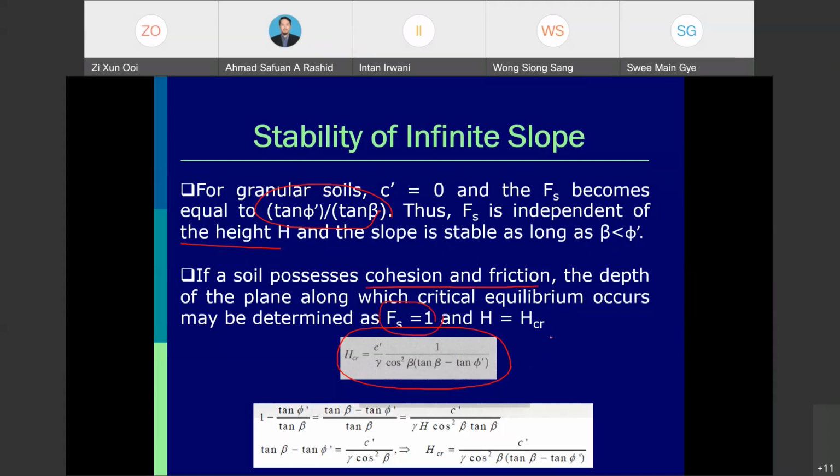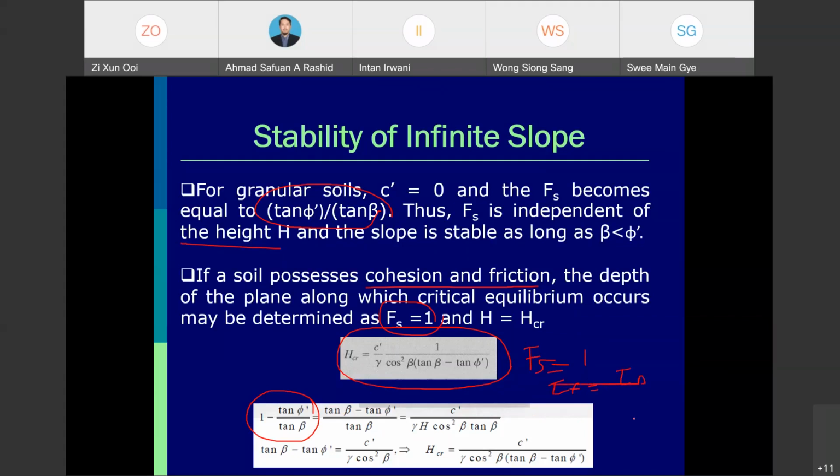So how do they derive the equation? We may refer to this equation and this derivation. Factor of safety equal to 1 means that tau f is equal to tau d.